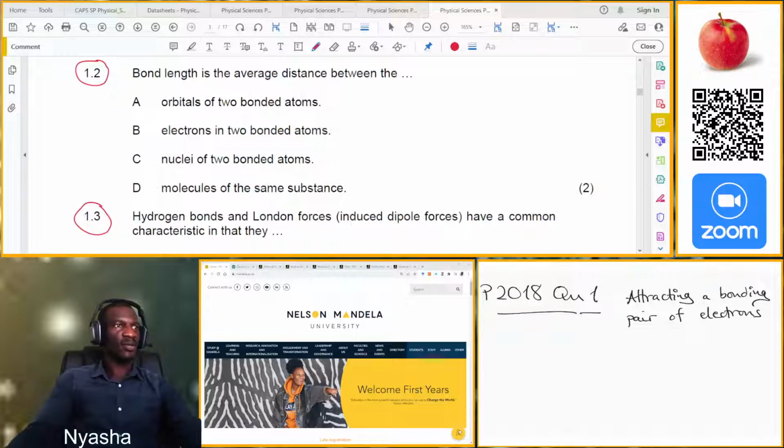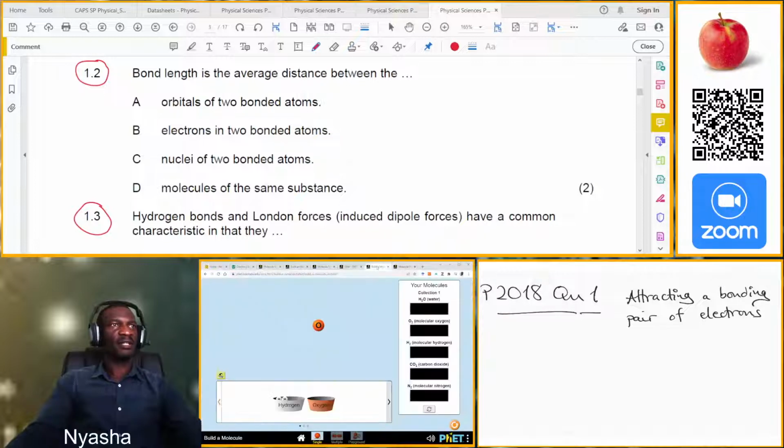Right. So bond length is the distance between what? Let's hear out your answers. It is the distance between what? If we want to build a molecule, can we see bond length?